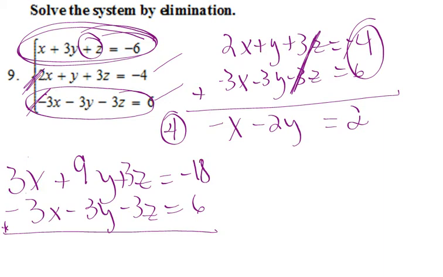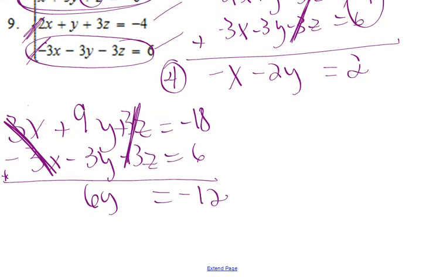Now I can add and eliminate my z. My x's go away as well, right? And now I have 9y minus 3y is 6y equals, negative 18 minus 6 is negative 24. Now I can continue to solve, and my y is equal to negative 2. So I've got one of my answers right now. y equals negative 2.